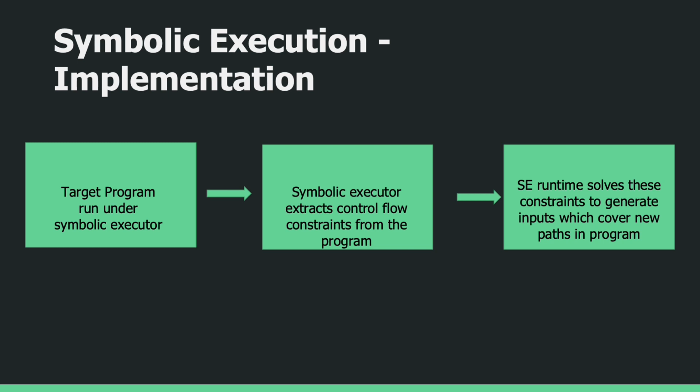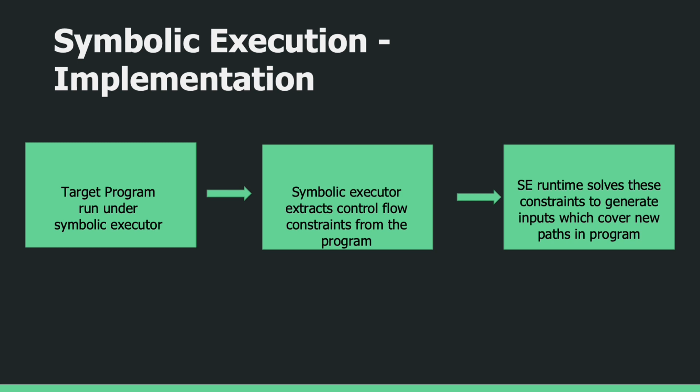For example, the constraint in the previous program was x is less than 12345, or y is less than some value, or y is equal to some value, and these are the constraints that it extracts from the program. Once it has the constraints, it knows that if I satisfy a constraint, I'll get to a path, or if I produce inputs which do not satisfy this constraint, we'll get to a new path. And this is the logic that a symbolic executor follows.